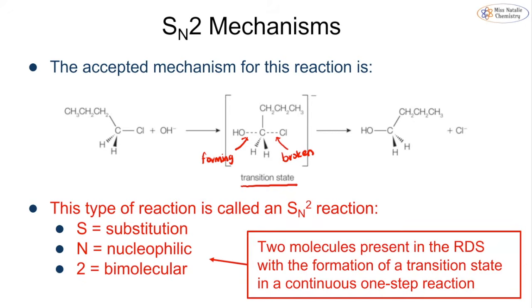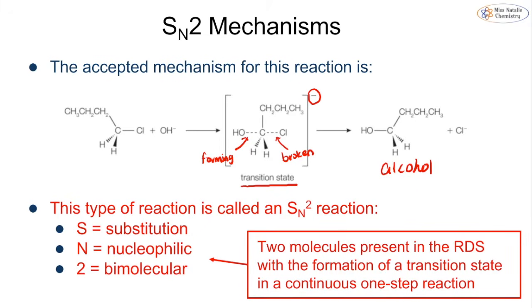So for a small period of time, this carbon has 5 bonds, and so your transition state is negatively charged. Eventually the hydroxide group enters and the chloride group leaves, and we end up with our alcohol and our chloride ion being our other product.